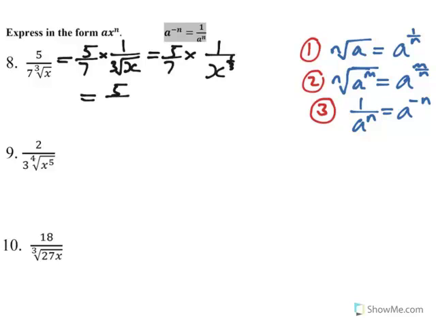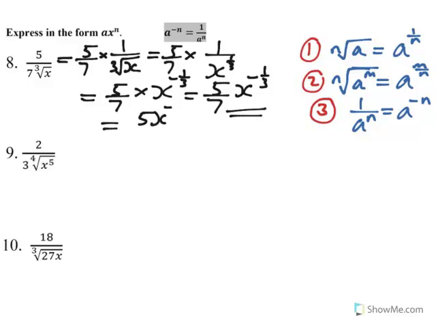And then we apply rule 3, 1 over x to the third becomes x to the negative a third. So you can then write it as simply 5/7 x to the minus a third. And of course there's another form, you can write it as 5x to the minus a third all over 7. Both of those acceptable.